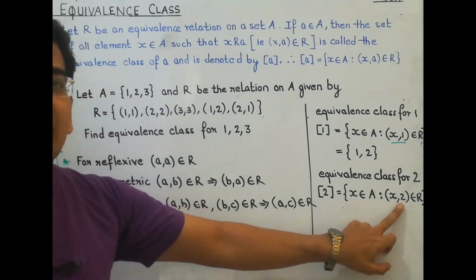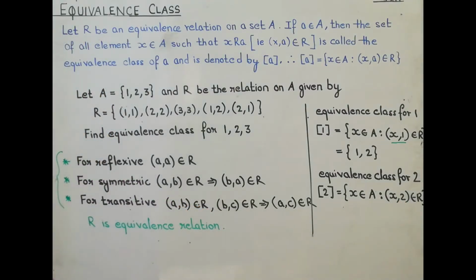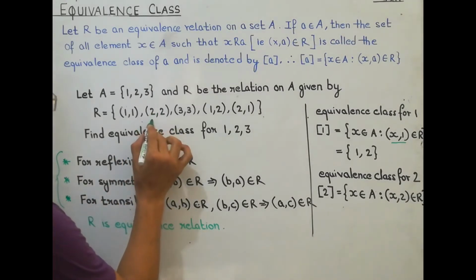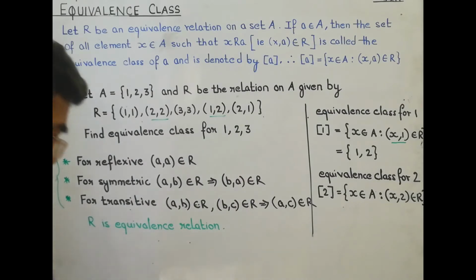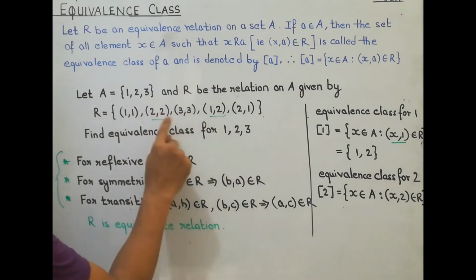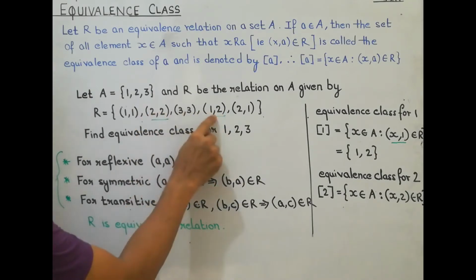You are finding the equivalence class for 2. So the second element in the ordered pair will be 2. So here you can see second element 2 in this ordered pair, second element 2 in this ordered pair. So in these ordered pairs, the second element is 2 and the first element is x.